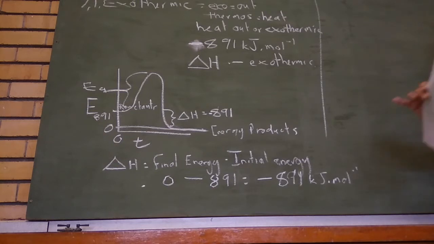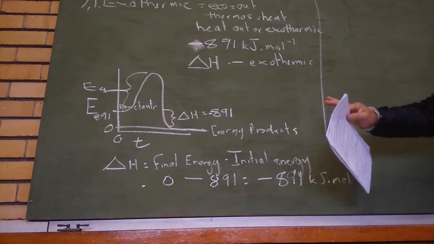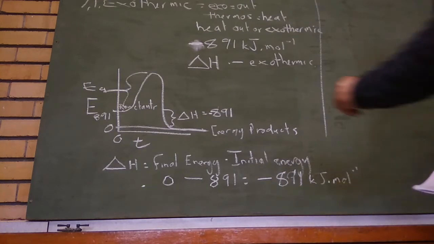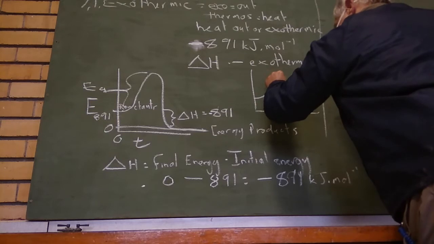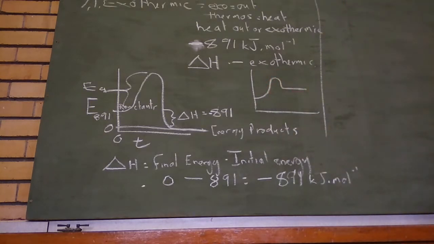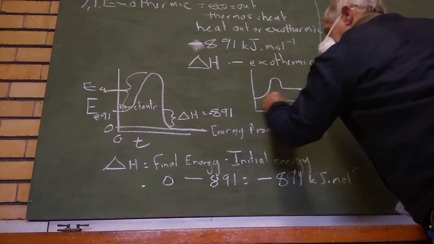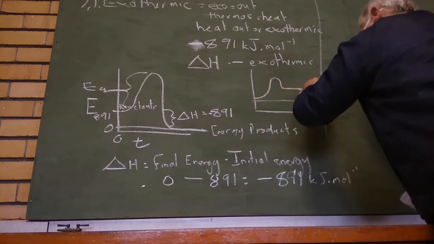You start here, you go over your activation energy, and you end higher. Then your delta H, when you take final minus initial, will be a positive delta H, and that would be endothermic. That would be exo.